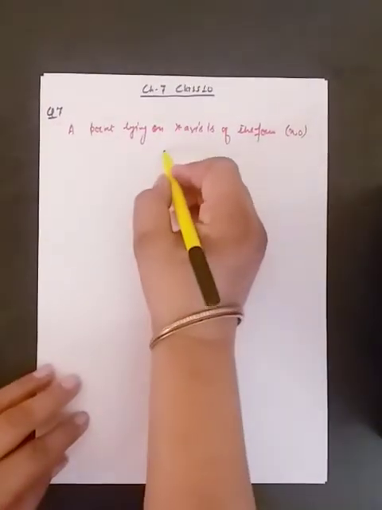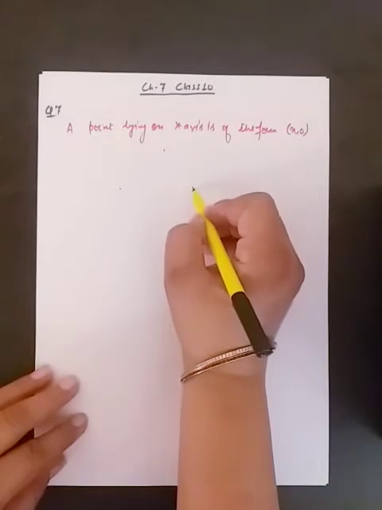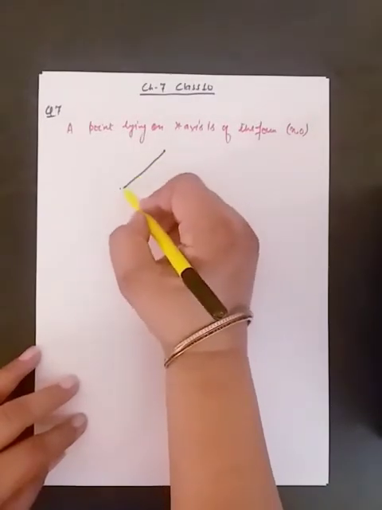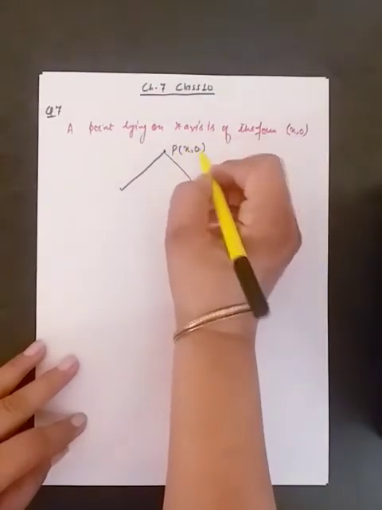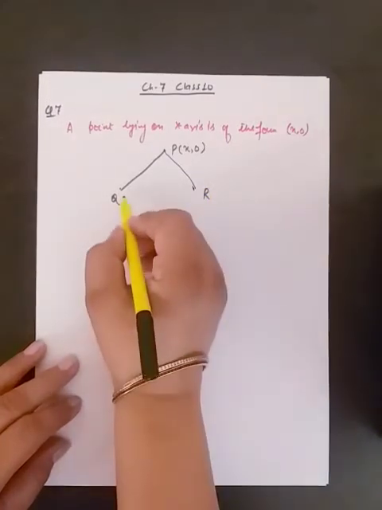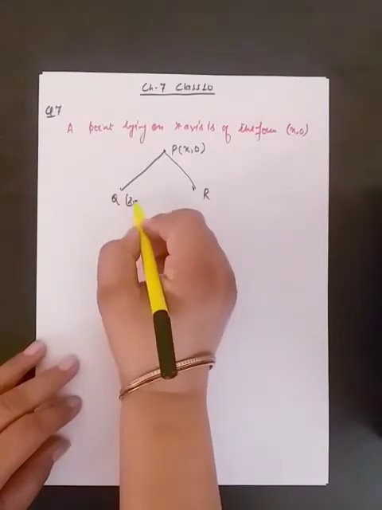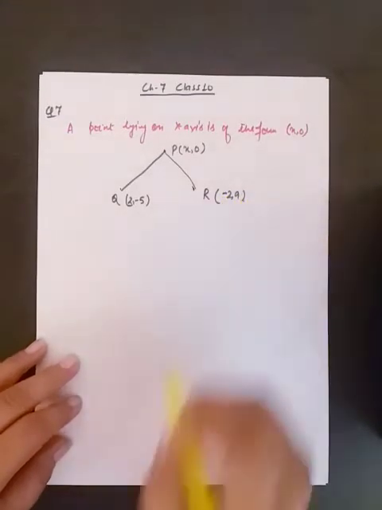According to the question, this point lies at an equal distance from the other two points. Let this point be P(x, 0) and the other two points be Q and R, where Q is (2, -5) and R is (-2, 9).